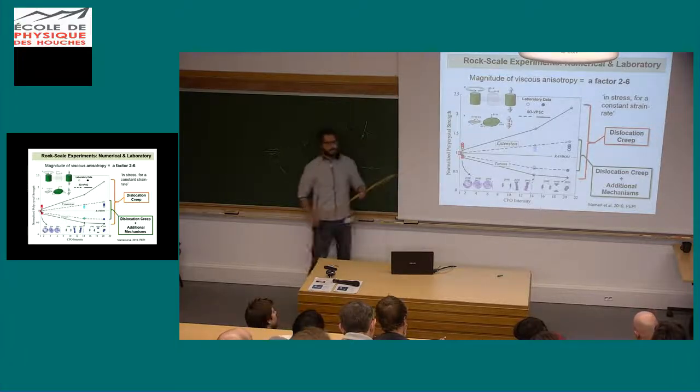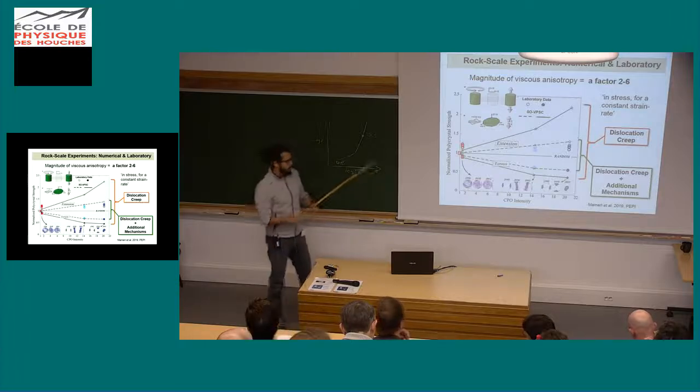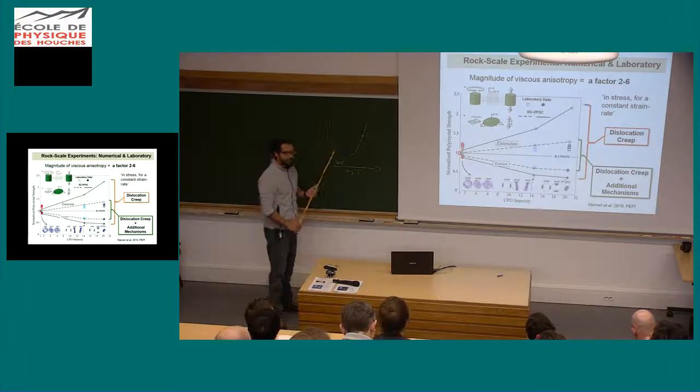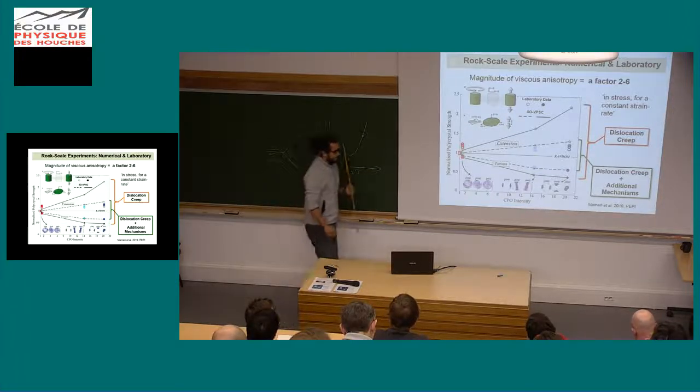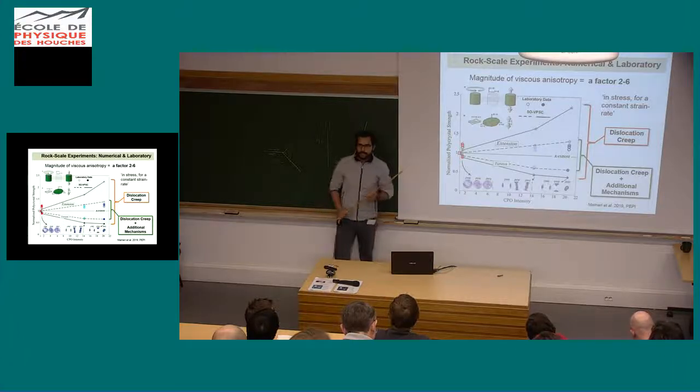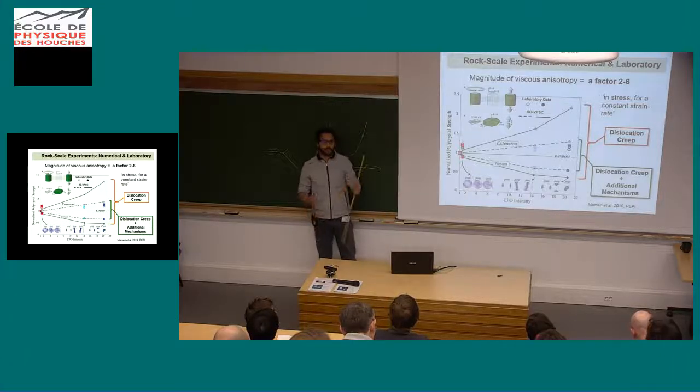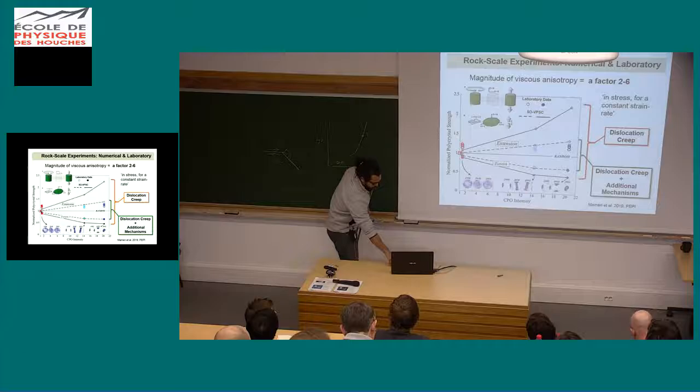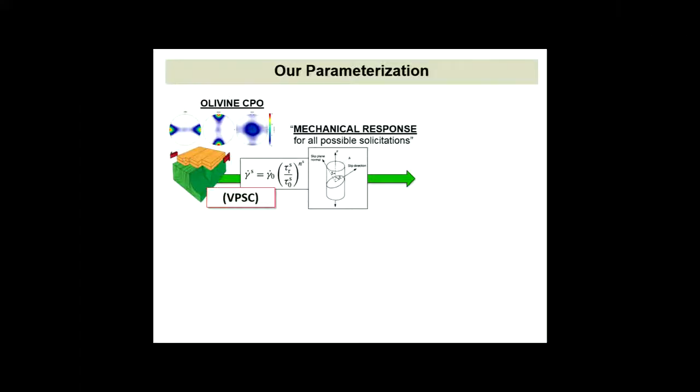We can see that VPSC can model viscoplastic anisotropy at rock scale, but it's too time consuming in terms of computation to be directly implemented in geodynamical codes, as tried before. So for doing that, we developed a parameterization.